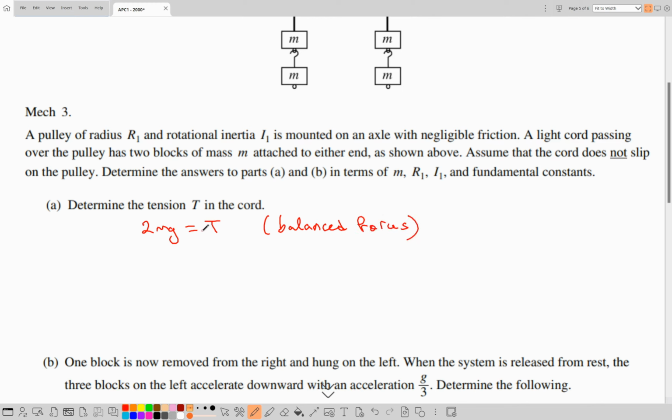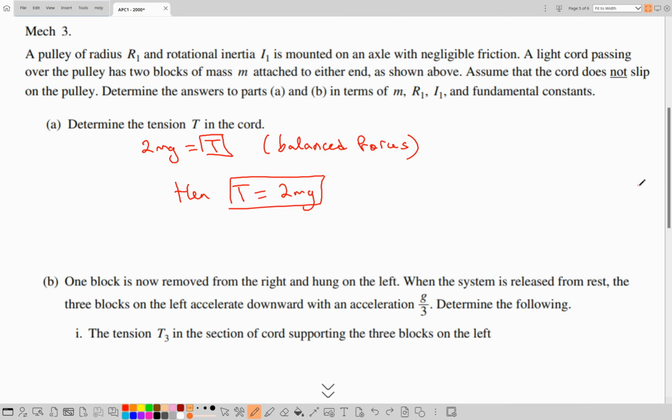We're interested in determining T, so indeed T is being expressed in terms of m and fundamental constants. Then the tension T is given by 2mg along the cord.